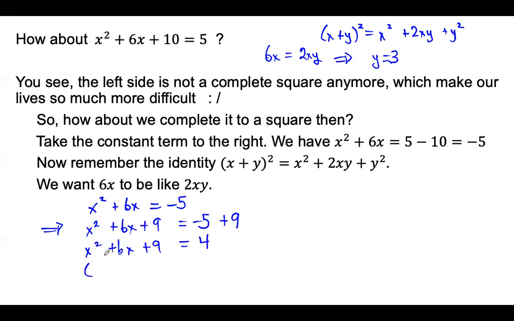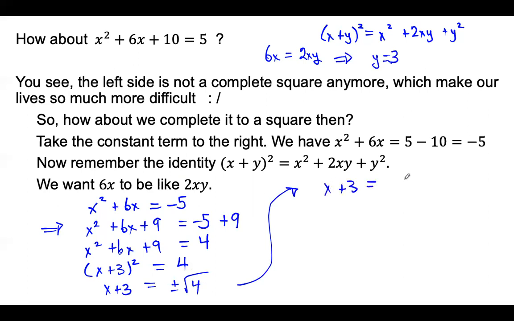And now we can, of course, put it in this form of x plus 3 squared is equal to 4. We can take the square root of both sides. Then we have x plus 3 is equal to plus or minus 2.